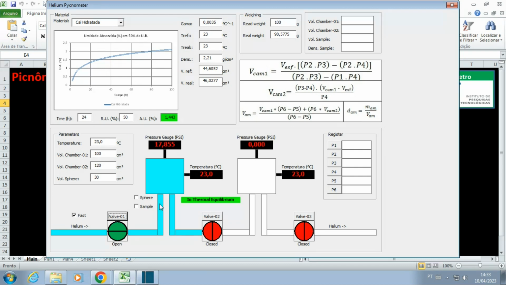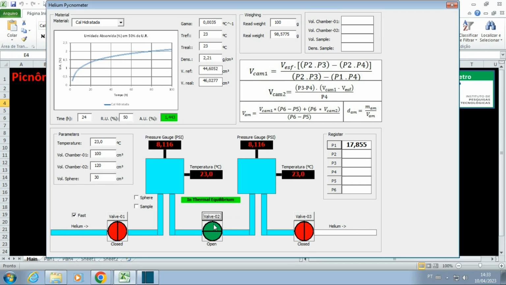When reaching the value, the valve is closed, then the pressure is expected to stabilize and it is registered. We will register here P1. After stabilization, valve 2 is opened. That gas spreads through chambers 1 and 2.